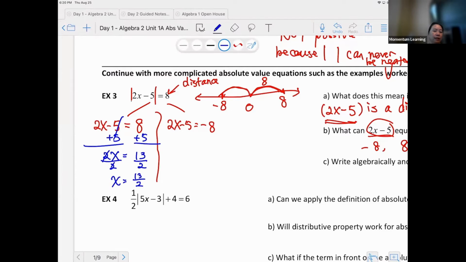I want you to follow this model, solve the one on the right side. I need you to solve for x on the other side, and then you can type your answer in the chat.